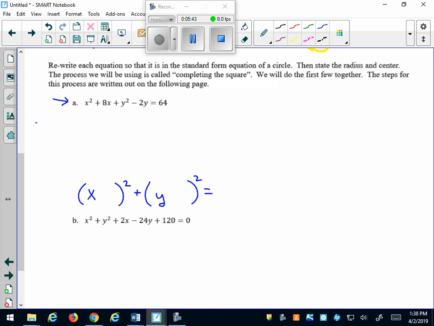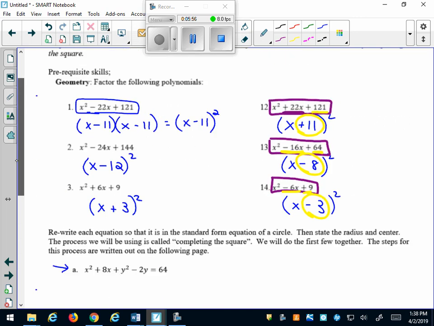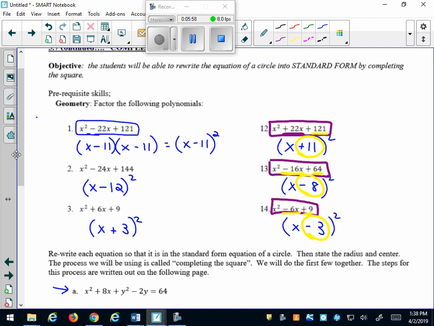So we are going to do what's called completing the square. Now, completing the square is literally completing a perfect square trinomial, which is what all of these are called. These are perfect square trinomials. When you factor them, you get something in the form of a binomial squared.